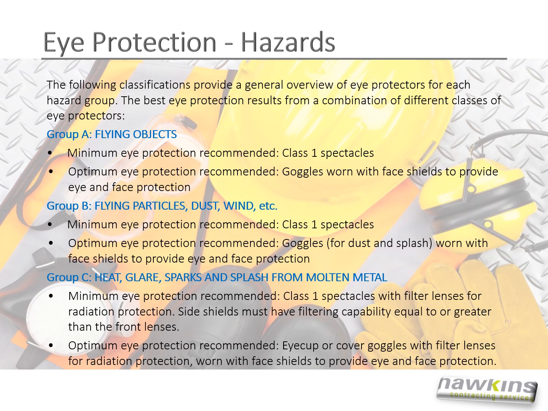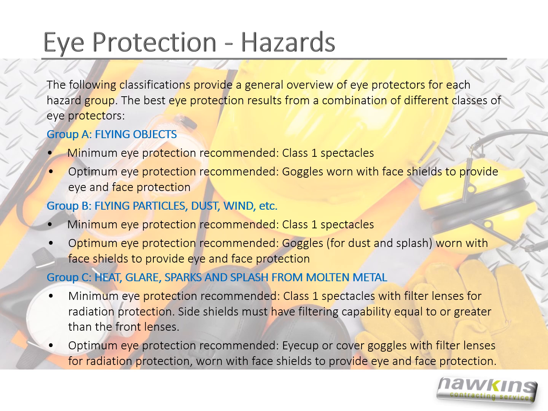The following classifications provide a general overview of eye protectors for each hazard group. The best eye protection results from a combination of different classes of eye protectors. 1. Group A is flying objects. Minimum eye protection recommended is Class 1 spectacles.